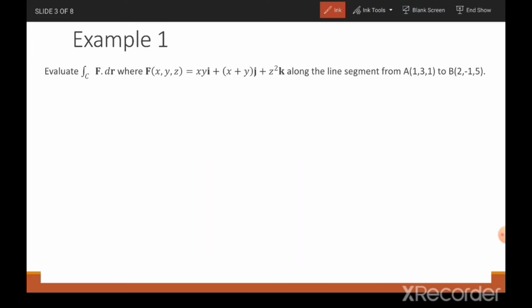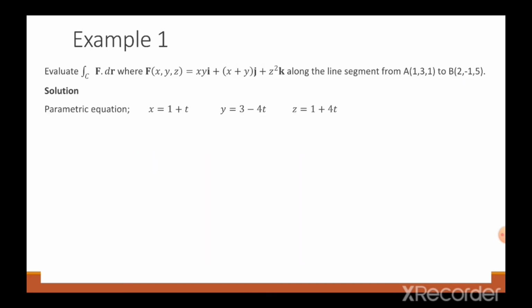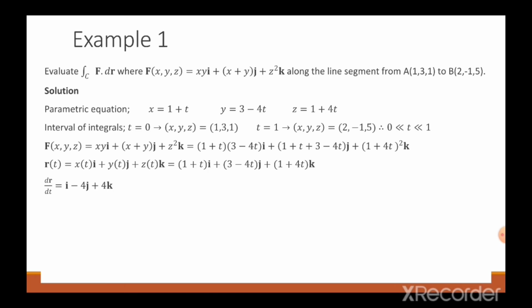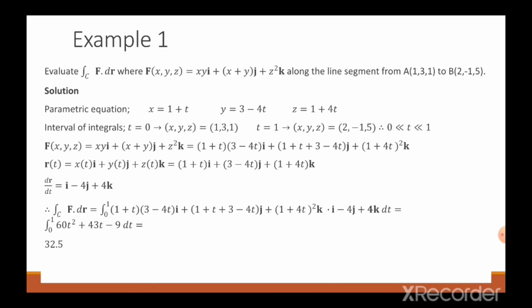Okay, I think better I just show in this slide. You can refer to the slide. And the final answer is 32.5. That is how we do this line integral for the vector field.